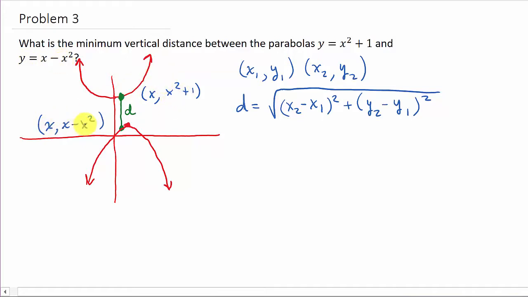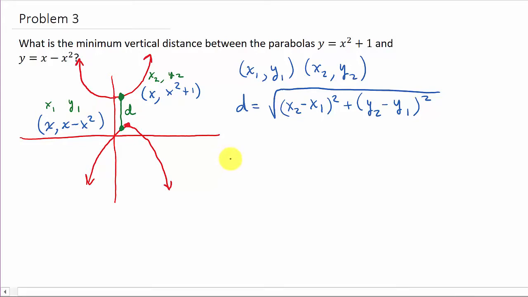So I need the distance between this point and this point. And it really doesn't matter which one you call x1, y1, and x2, y2. But what we'll do, we'll just call this x2, y2, and we'll call this one x1, y1.